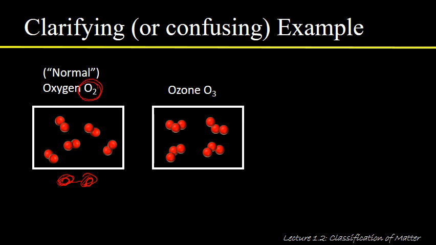We just call that oxygen, but to make the distinction here, we can call that normal oxygen. So if we have a sample of oxygen that looks like this, right, we would say that because all of the atoms are the same, this is an element, oxygen in this case, and because all of the ultimate particles are the same, it would be a pure substance. Right?